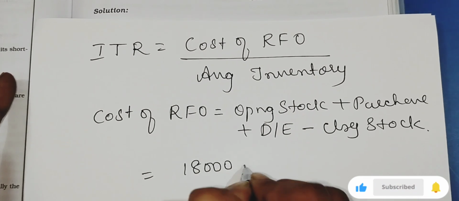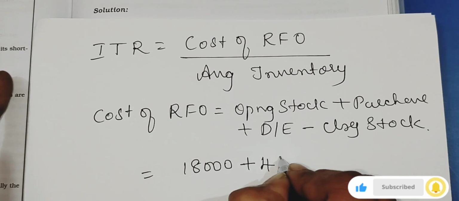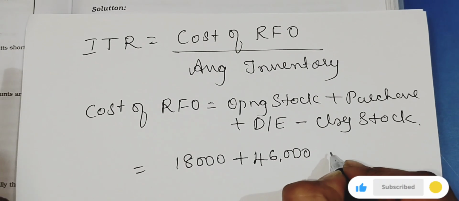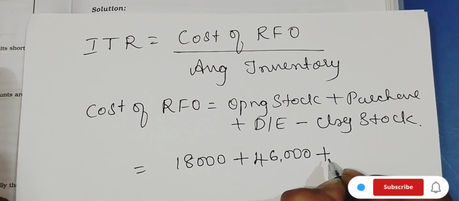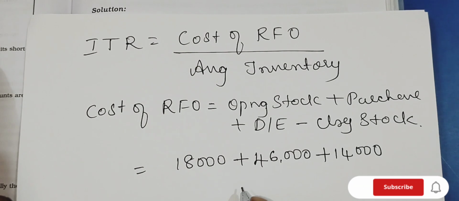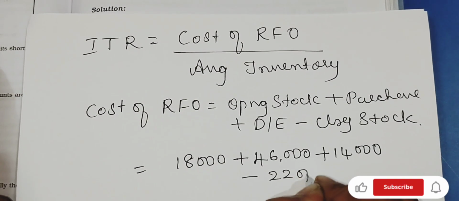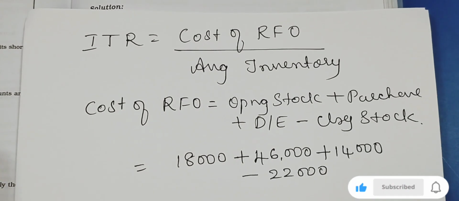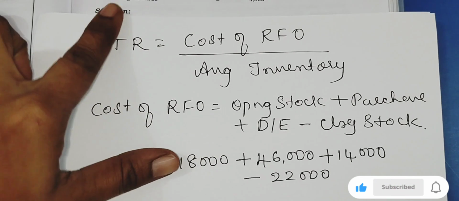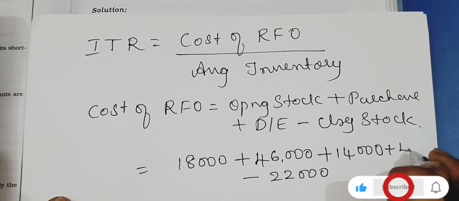So opening stock is 18,000 plus purchases, net purchase is given after deducting the purchase return, 46,000, plus direct expenses, wages is given, 14,000, minus closing stock is 22,000. One more item we have is carriage inward, that is also coming under direct expenses.